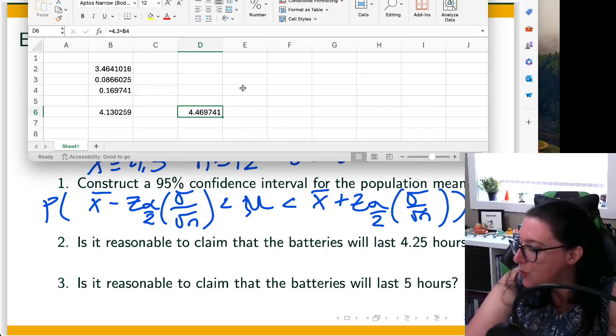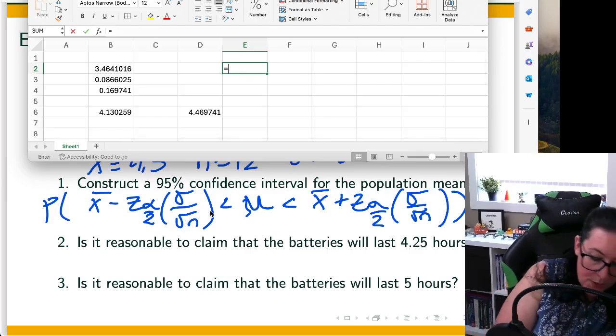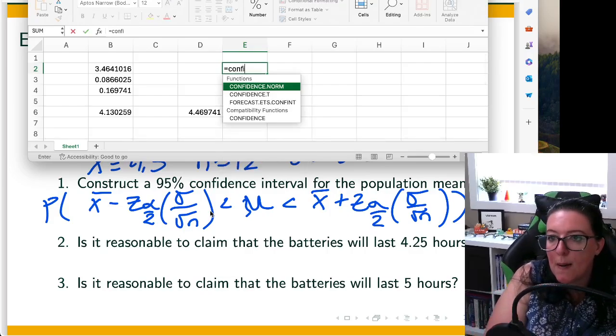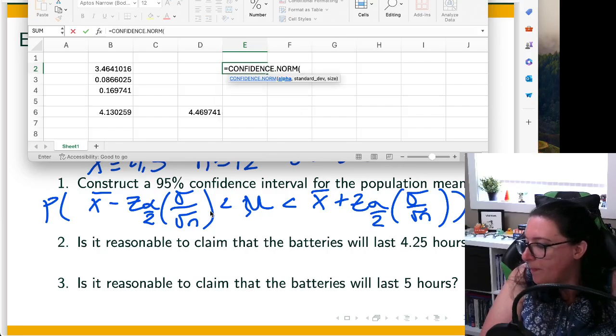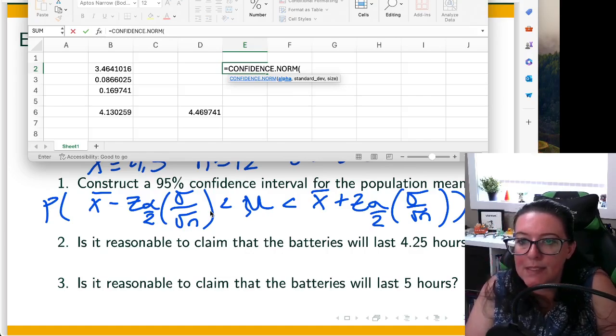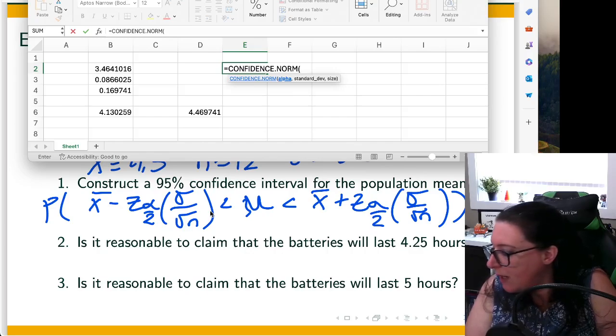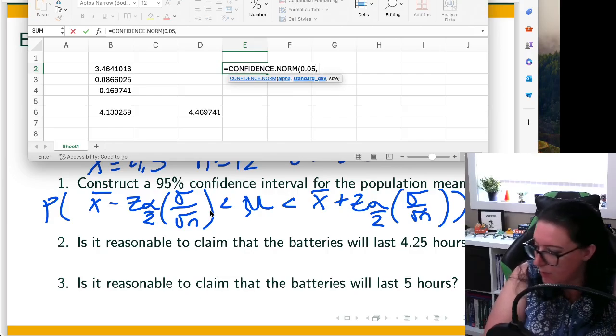Now, we did all this by hand, but you can also do this in Excel. So we're doing confidence.norm. And when you do confidence.norm, you provide 3 pieces of information: alpha, standard deviation, and size. See if I can remember how to do this.